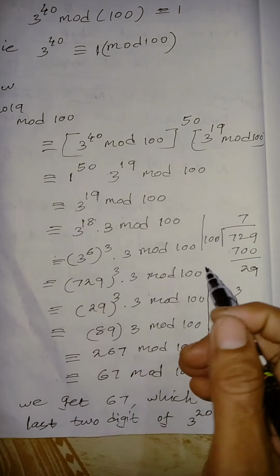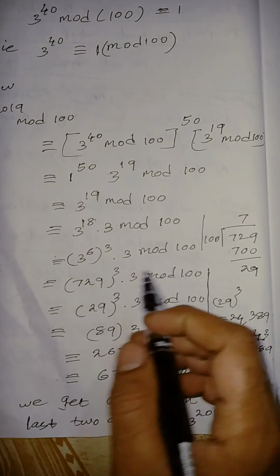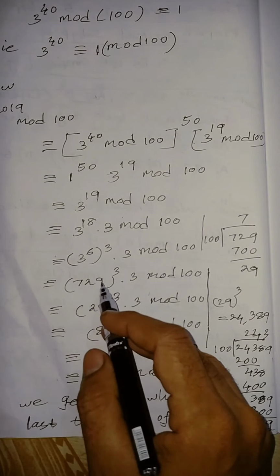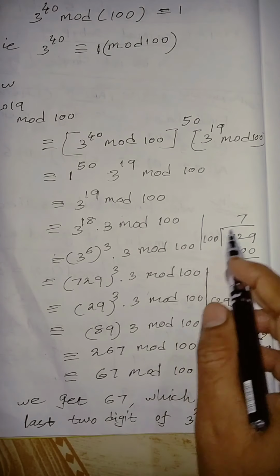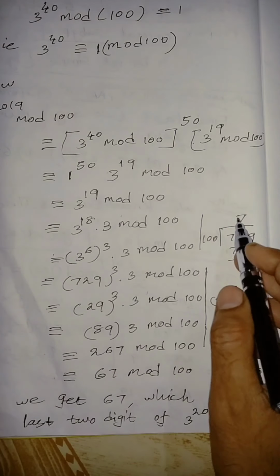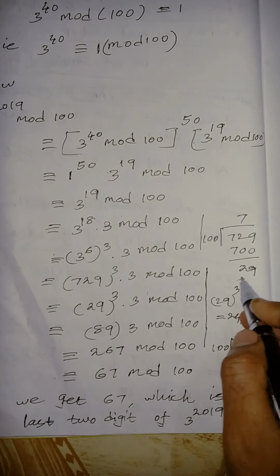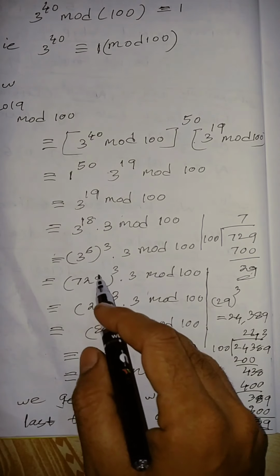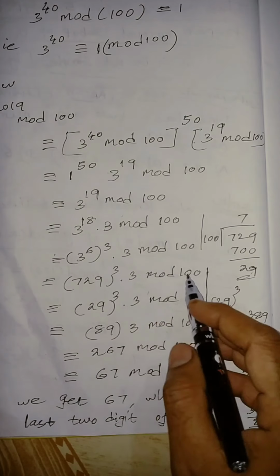The remainder value is always less than the divisor value. So 729 divided by 100: 7 into 100 is 700. What is the remaining? 29. So instead of this we are using 29 power 3.